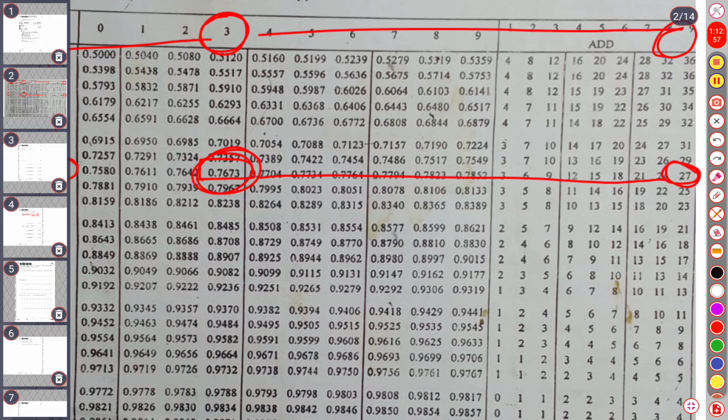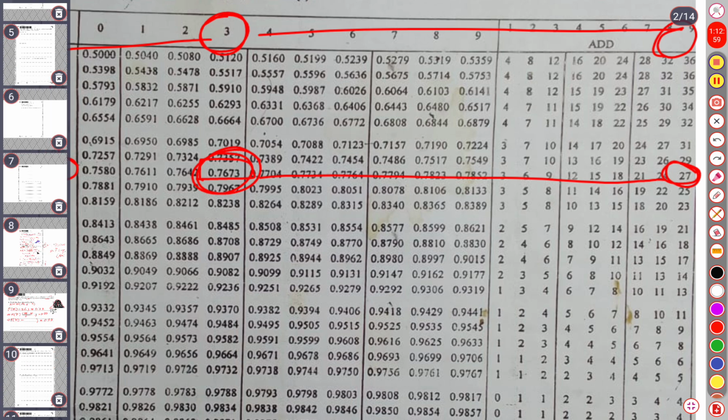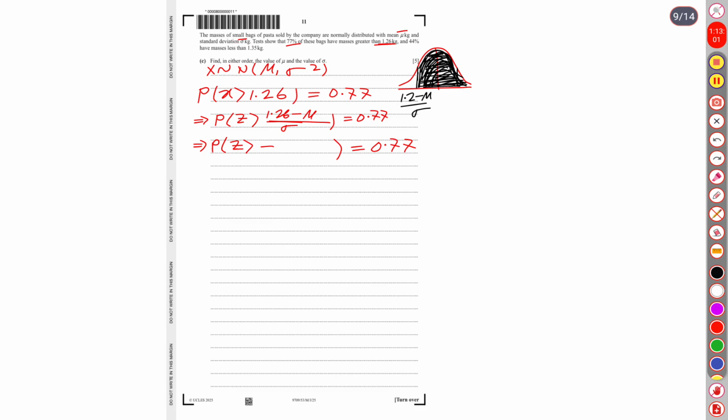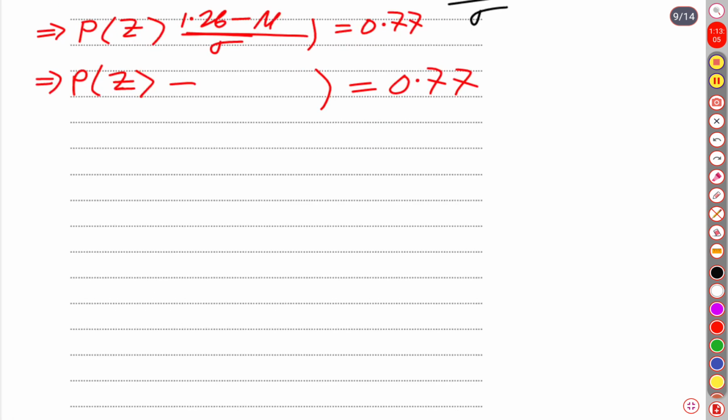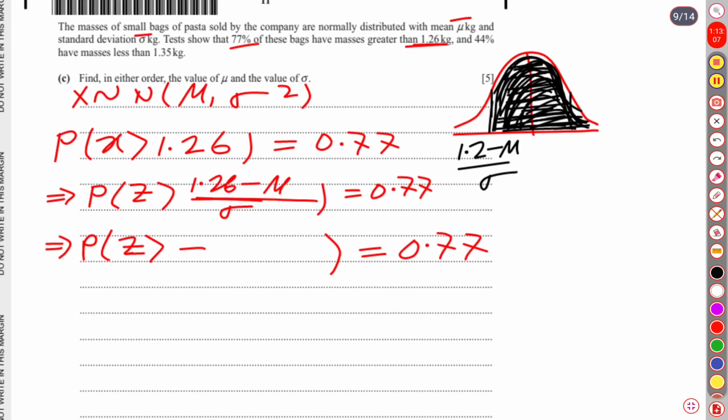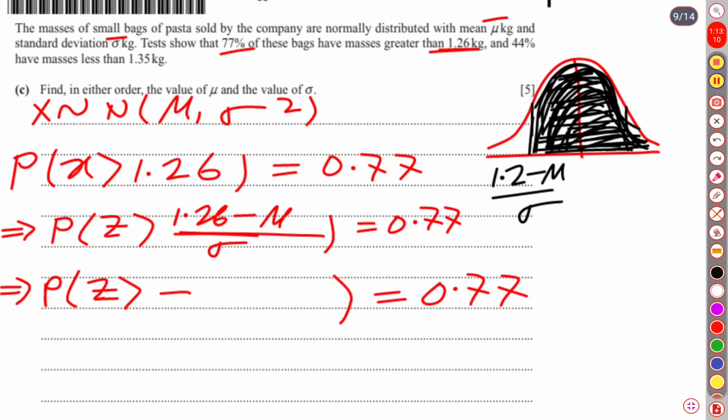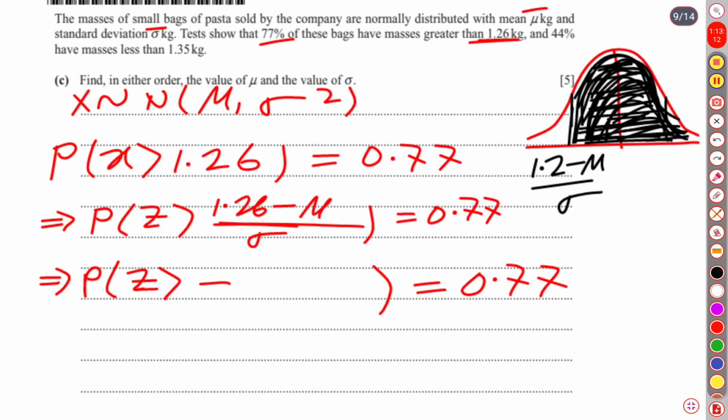So let us write 0.739, and already we have decided that it is lying on the left side, so the symbol is negative: negative 0.739.